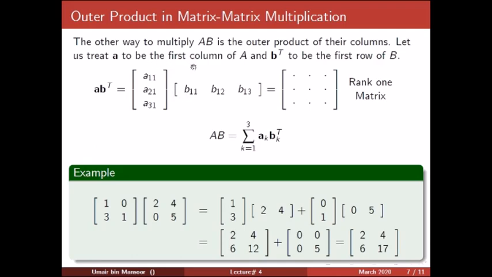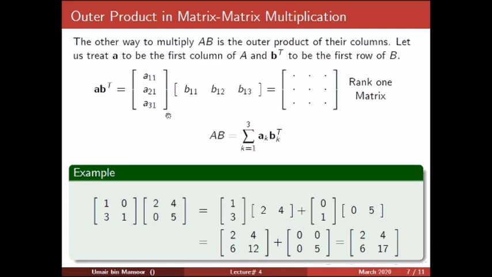So let us treat the vector A to be the first column of A and the vector B transpose to be the first row of B. The dimension of the first column of matrix A is 3 by 1, and the first row of matrix B is 1 by 3.